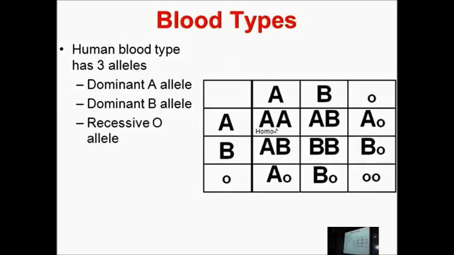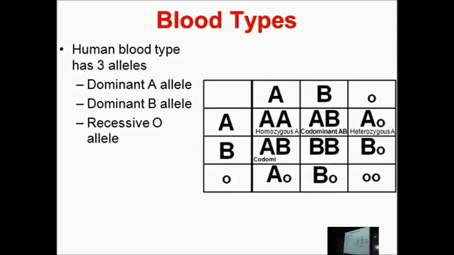When we start going through the blood types, two capital A's, that's type A blood. One A and one B, that's codominant type AB blood. The next one to the right, dominant A and a recessive O, that's blood type A. A is dominant, O is recessive.